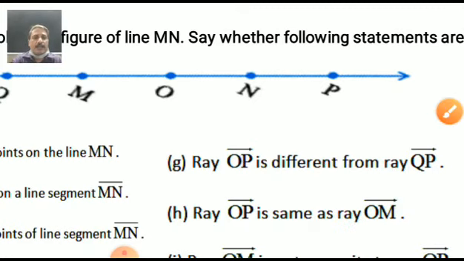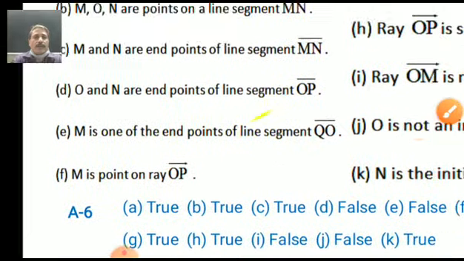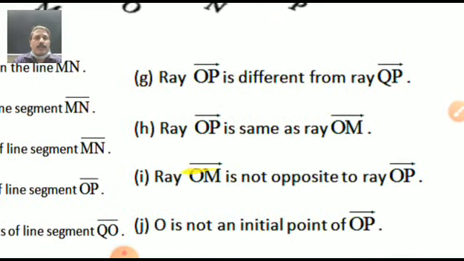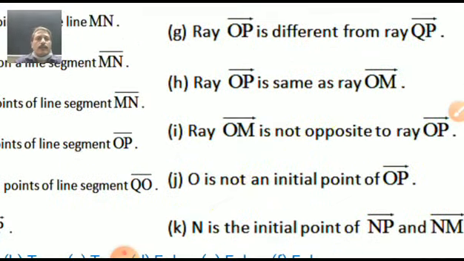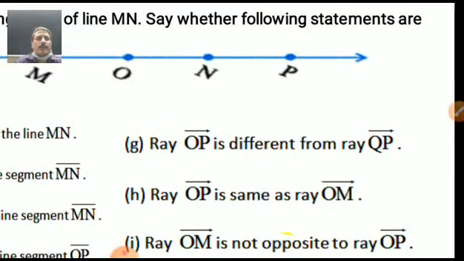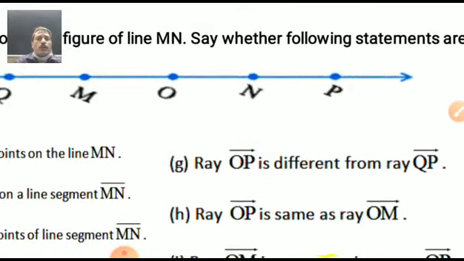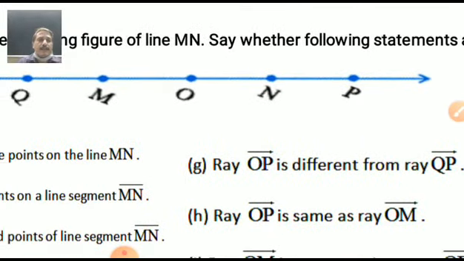That's why our statement is false. F. Look at the G. Ray OP is different from ray QP. Yes, here both starting points are different. In first ray O and in second ray Q.